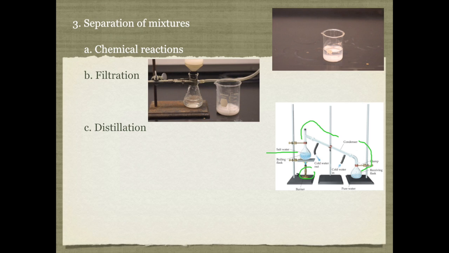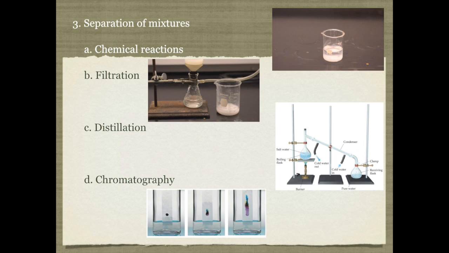The salt would be left behind in the boiling flask. All right, so this is known as distillation, and this is what happens when they make alcohol. You've heard about a distillery, and that's really just the place where they make alcohol. So they mix together some reagents to make alcohol, and then they want to, of course, separate it from the mixture, and they do that by really the same process.